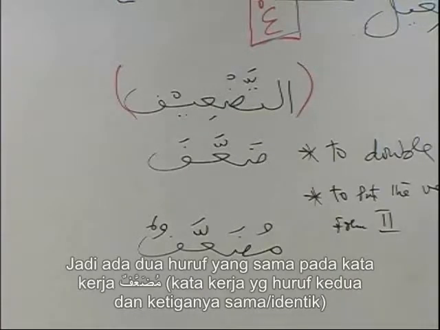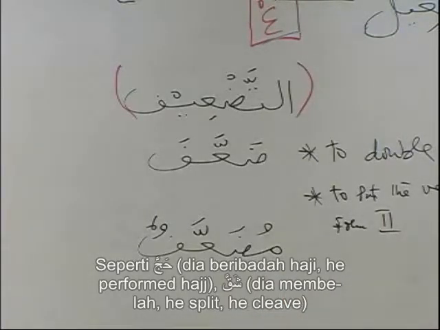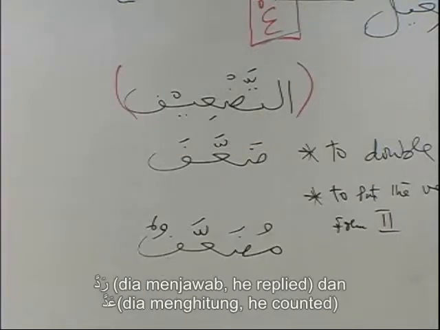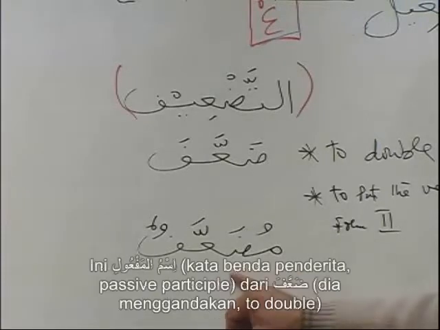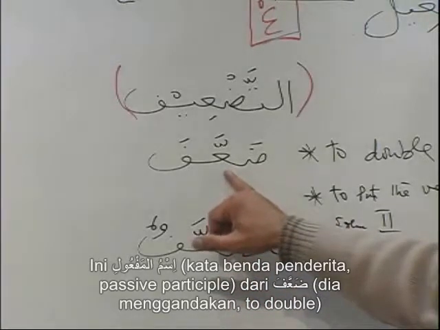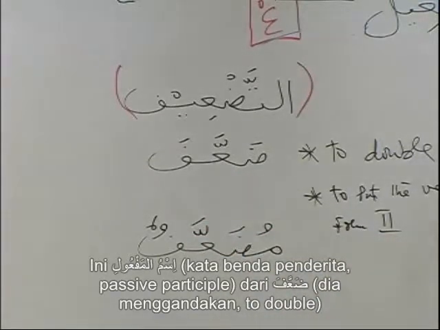Then we have two letters which are the same in a verb mudaaf, like hajja, shakka, radda, adda. They are called mudaaf, and it is the ism maf'ul from da'afa. Inshallah. Keep that in mind.